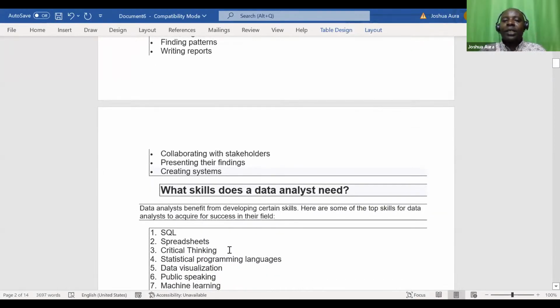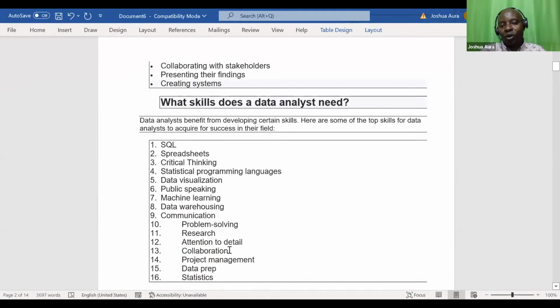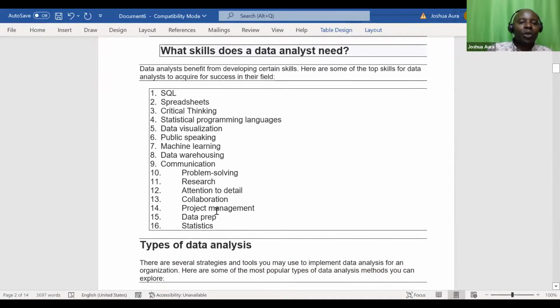So what skills do you need then as a data analyst? You need to be good in what we call MySQL, very important. MySQL, spreadsheets, critical thinking, you must be a great thinker, statistical programming languages, data visualization, you must be a good public speaker, you must be good in artificial intelligence, data storage, communication, pretty much similar to public speaking, problem solving, you must be a good researcher, attention to detail, collaboration.